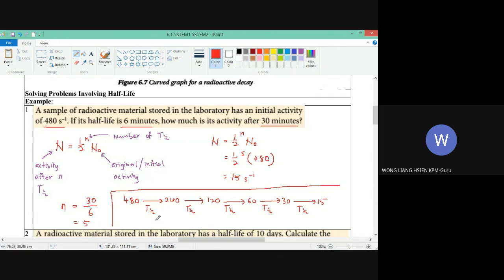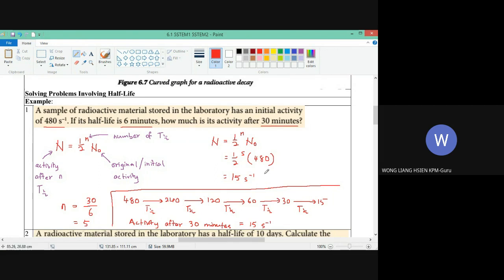So you can say, answer again: activity after 30 minutes equals 15 per second. So this is the complete answer.